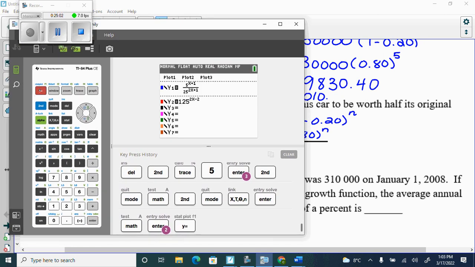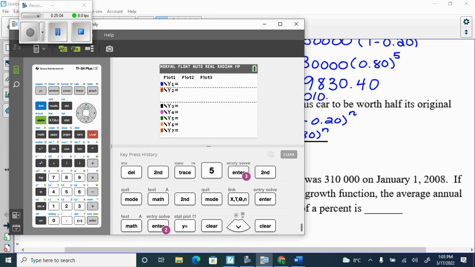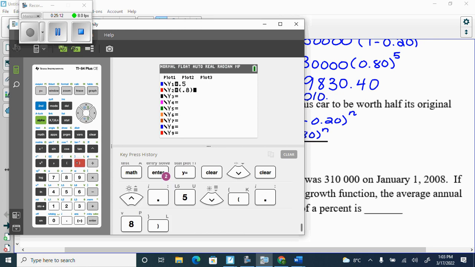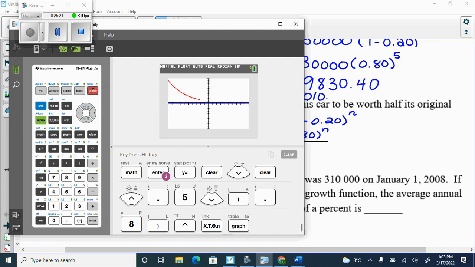So we have 1/2 or 0.5, and then the other one is 0.8 to the x. It's x t theta n, it's the same thing. And I press graph.